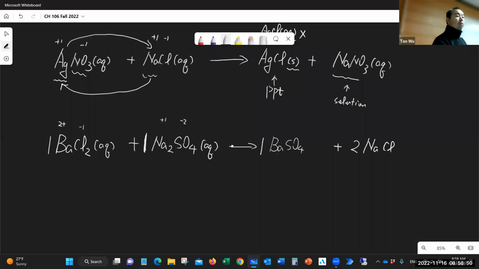So very, very important. In the future, if you have a really hard time balancing a double displacement reaction, that means most likely you have a product wrong. The formula of the product is not correct.